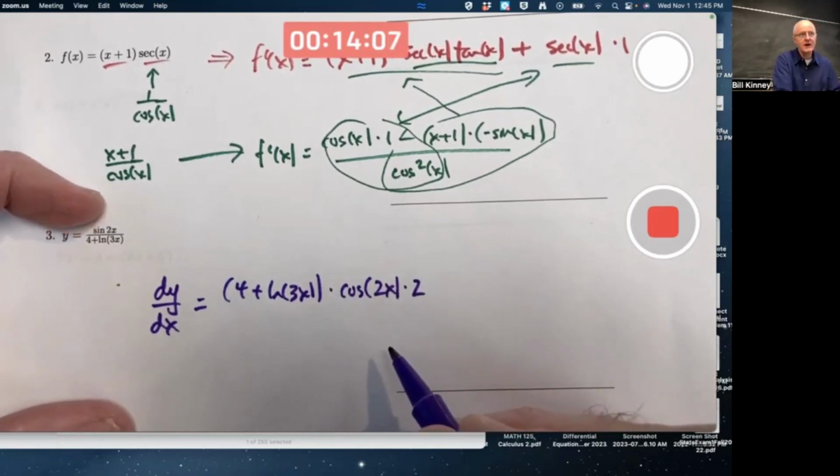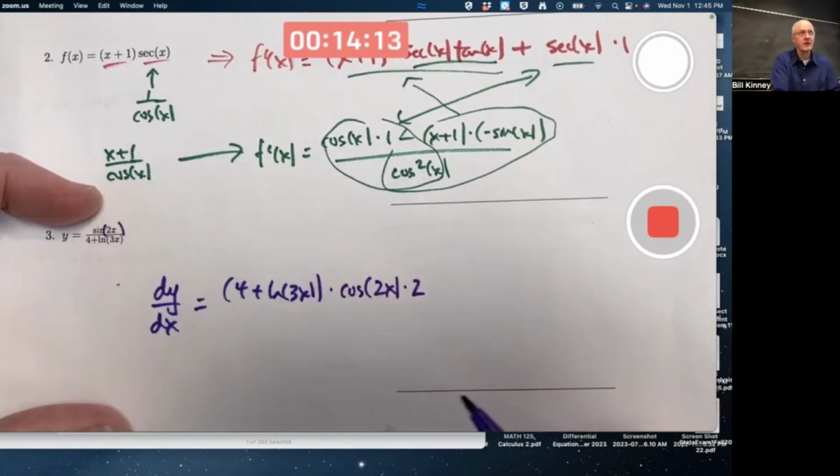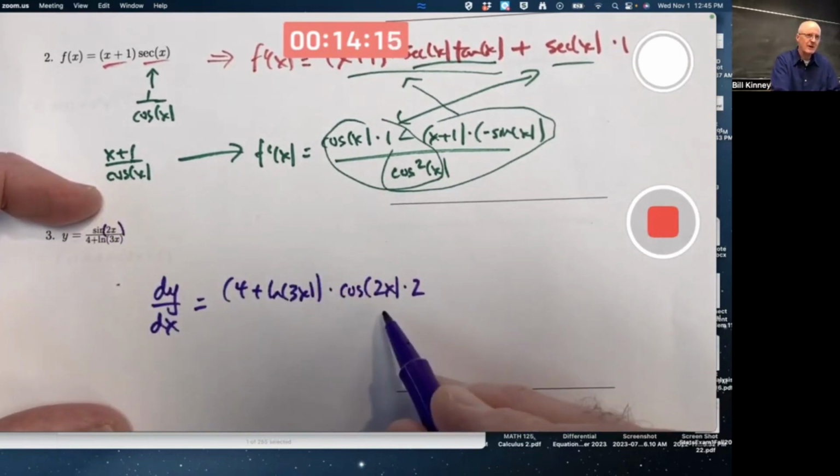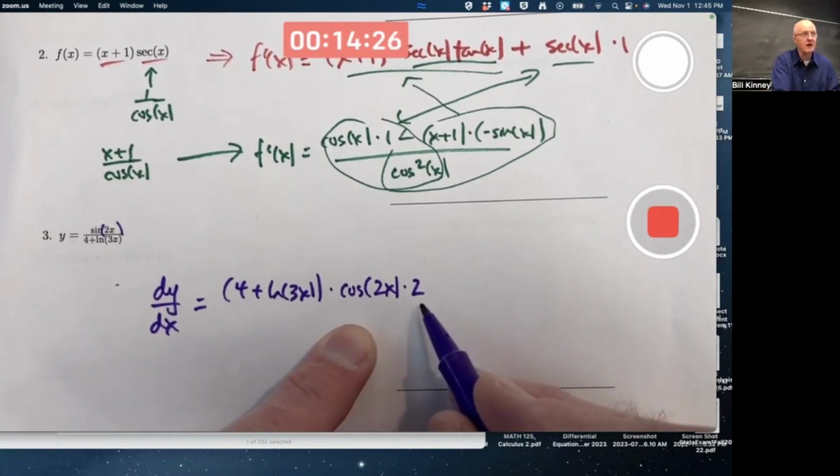There's no parentheses around the 2x there, which is technically okay, standard notation. It doesn't hurt and maybe is helpful to put parentheses around it. If you put cos 2x times 2, you really should have parentheses around the 2x there, because it's order of operations. You're doing 2x first before cosine and then multiply by 2.